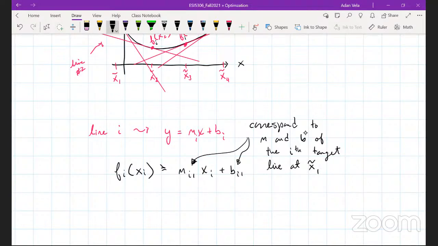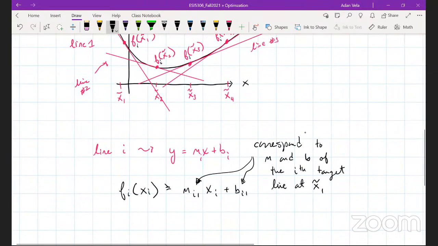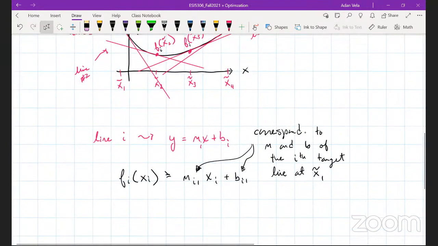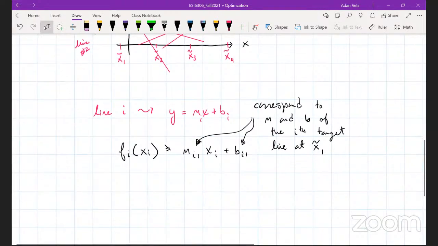So that first tangent line. Okay, so what we're saying is our function f of x has to be greater than the tangent line mx plus b. Right? Now, because we use multiple tangent points, we're going to repeat this process for each tangent point. So now we do it for the second tangent point.